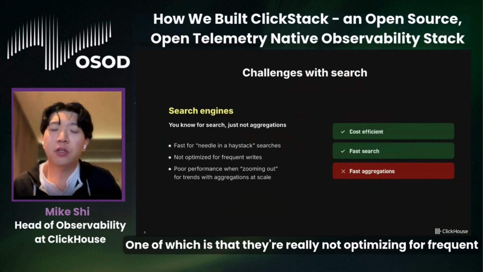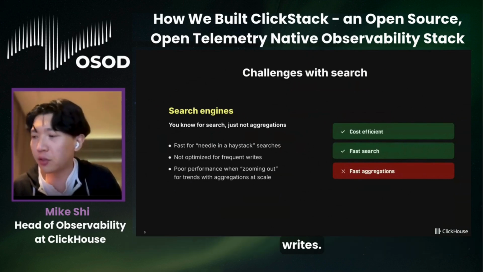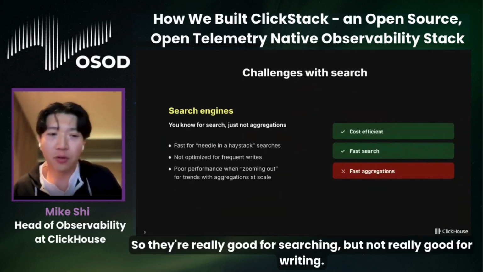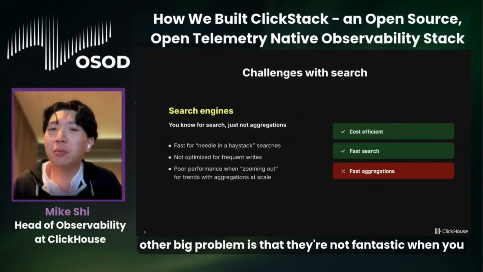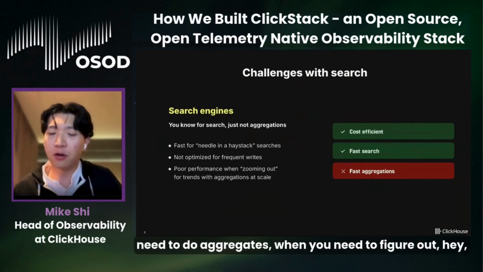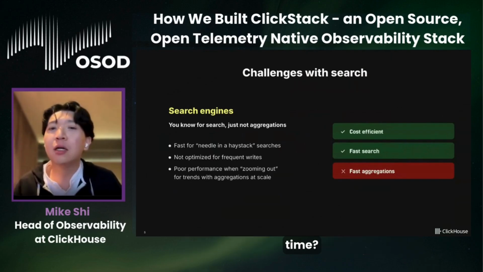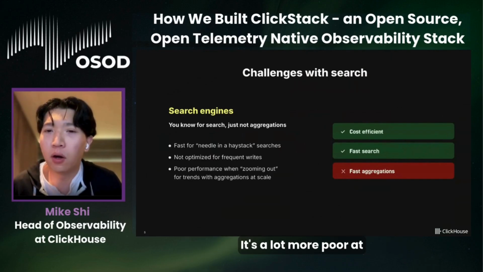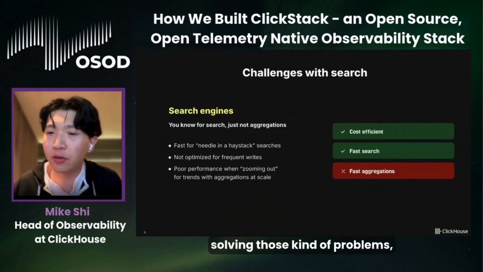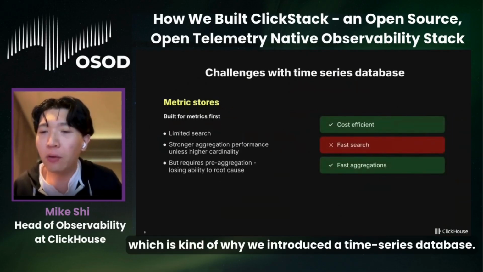One of which is that they're not optimized for frequent writes. They're great for searching, but not great for writing. The other big problem is that they're not fantastic when you need to do aggregates, when you need to figure out, hey, how is this error message trending over time? They're a lot poorer at solving those kinds of problems, which is why we introduced a time series database.